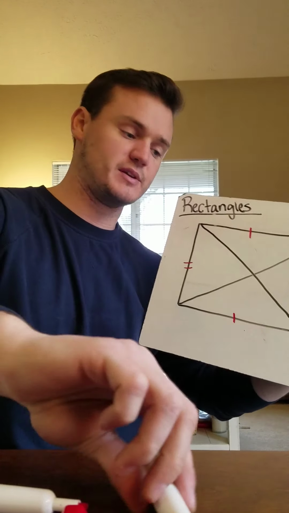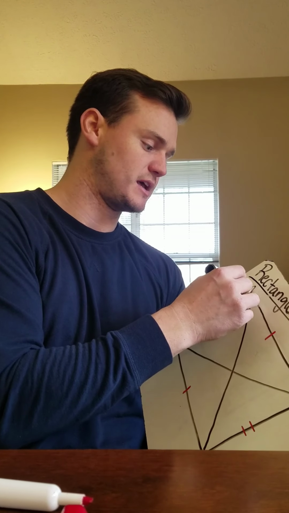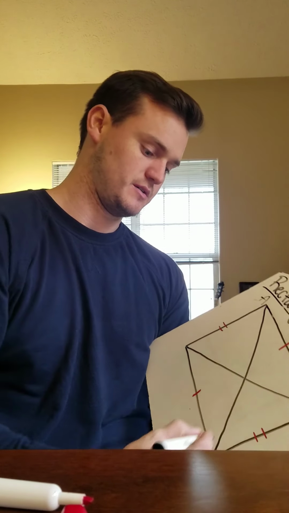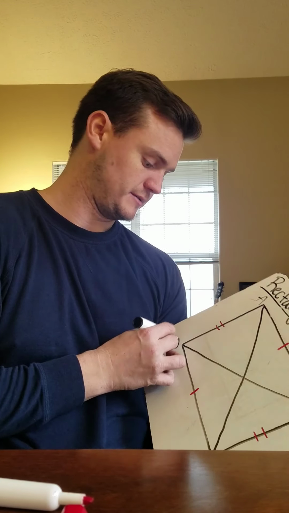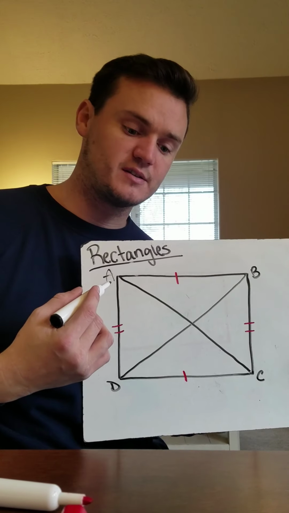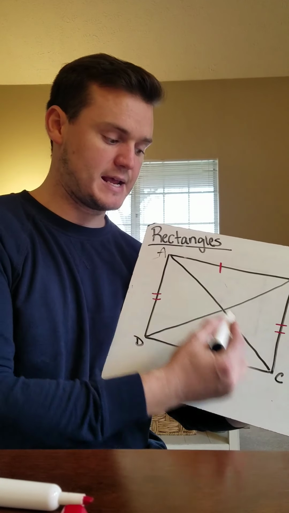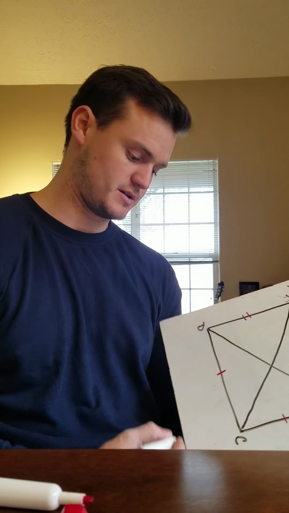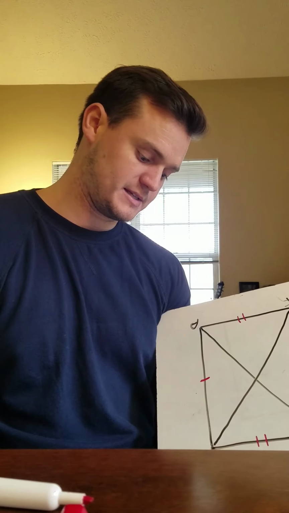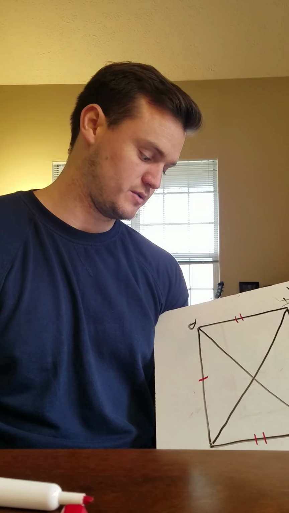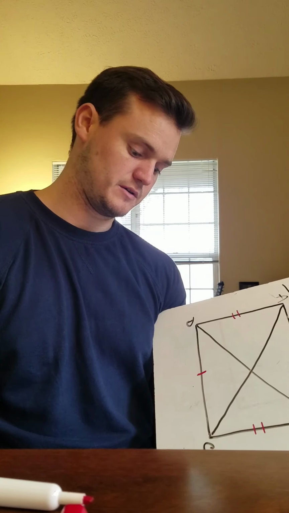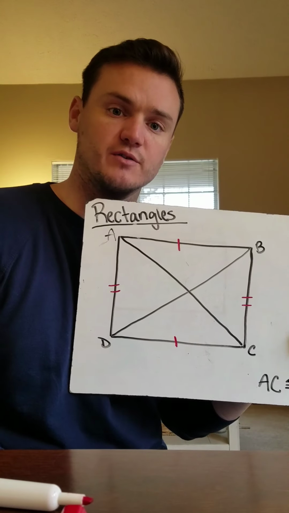So I'm going to label these real quick. If I call this A, this is B, C, D. If this is a rectangle, then A to C, so I'm going to write this up in the bottom corner, A to C has to be congruent to B to D, because the diagonals have to be congruent.